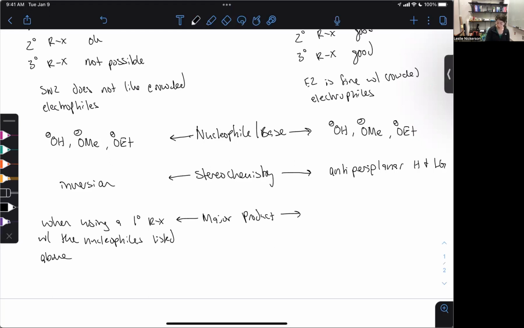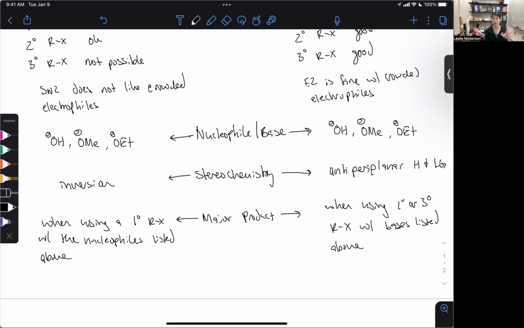And then E2 is going to be the major product when using a secondary or tertiary alkyl halide. Okay, so that's what we're looking for.